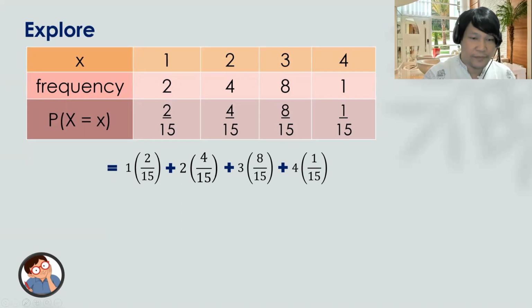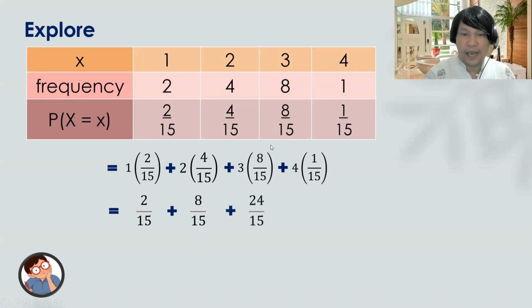After that, you have to get the products. That becomes 1 times 2 over 15, plus 2 times 4, which is 8 over 15, then 3 times 8, 24 over 15, and the last one, 4 over 15. Since we have similar fractions, we just get the sum of the numerators, which is equal to 38 over 15.